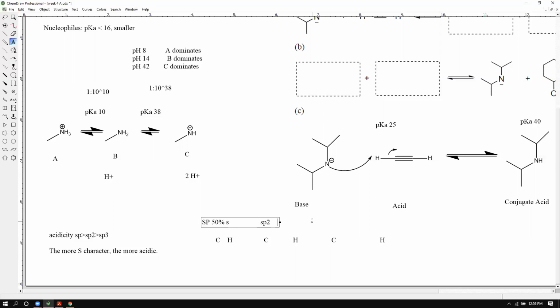Everyone see how he calculated that? He's got a total of 3 orbitals that are being mixed up together. 2 of them are P, 1 of them is S. So he's doing 1 divided by 3 there to get 33%. And lastly, SP3 has 25%. So I like to think of it as pulling the electron density away from the proton.